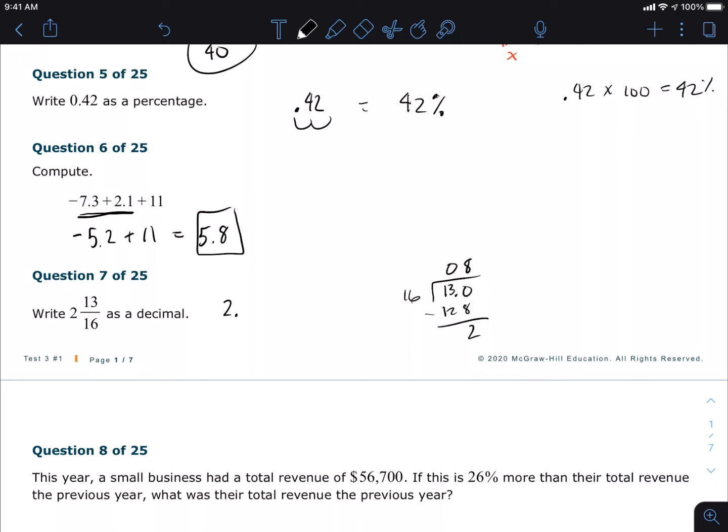So then that gives me a 2. I got to bring down a 0. That means it'll go in once. That's 16. So now I have a 4. I got to bring down a 0. That's going to be a 2. That's an 8. Bring down another 0. And I believe that's 5. And I think that's it.